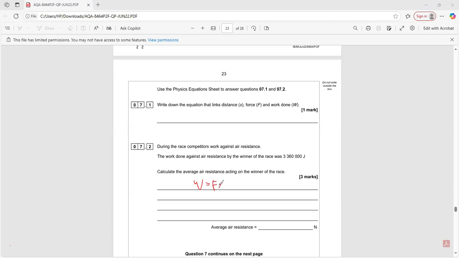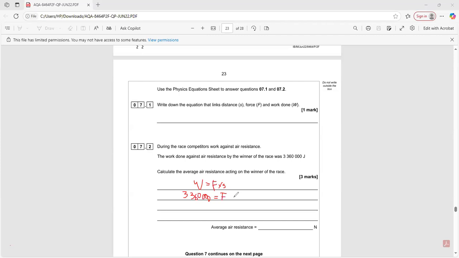F times S, so 3,360,000 equals 1, 2, 3 equals F. We don't know F. That's technically what we're looking for.